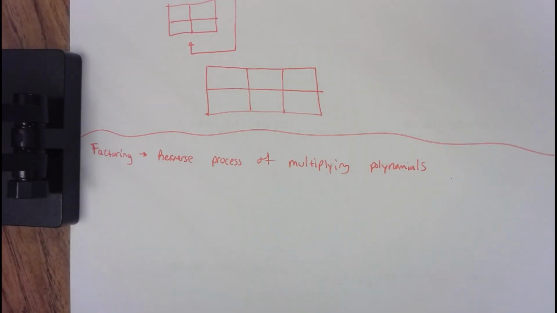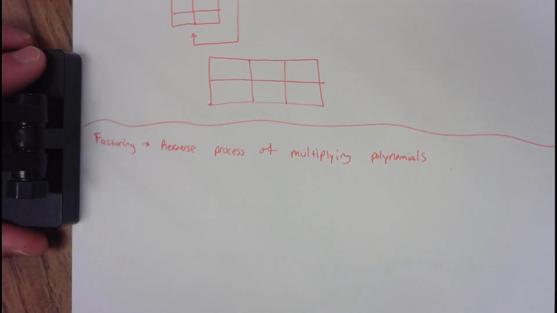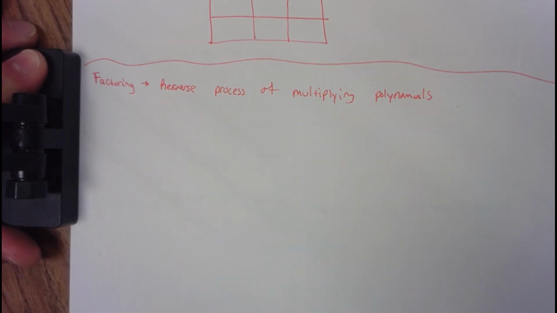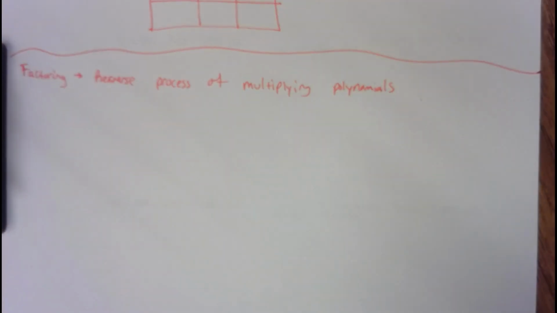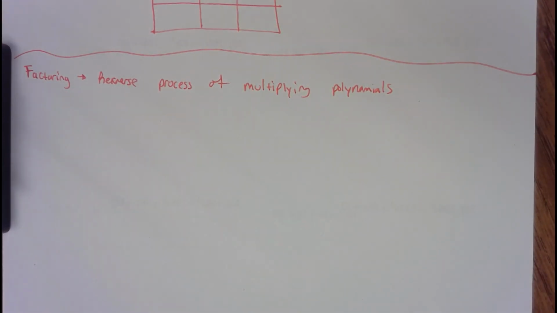And it's not always the most obvious thing. So that says factoring is the reverse process of multiplying polynomials. So in a way, factoring is division. Yes, we're not actually using long division or any sort of formal method of division that you've done previously, but it still is a way of division.